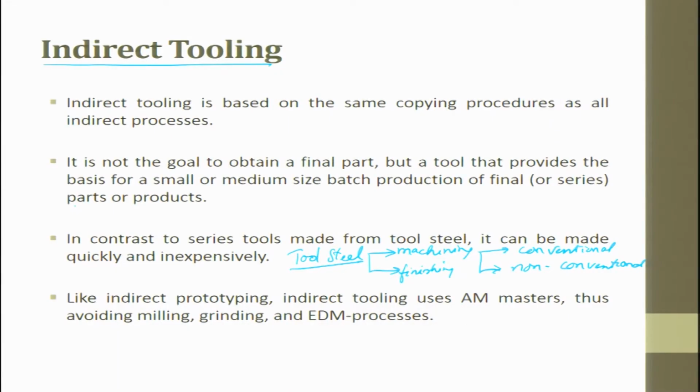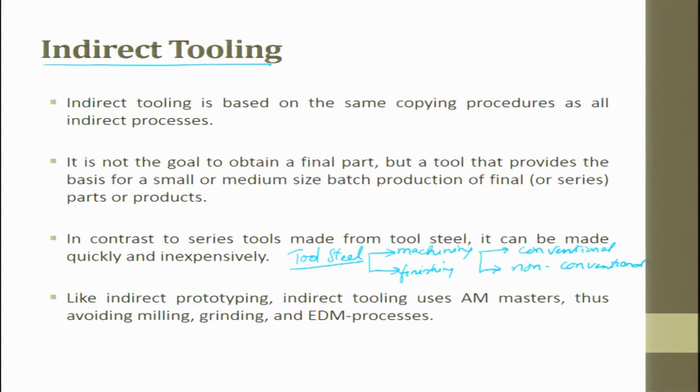The finishing of late has also been improved. The biggest challenge even in rapid manufacturing or rapid prototyping is finishing. People are trying to get out of this problem, but compared to tool steel going through the conventional route, if we get it done by the additive manufacturing route, it is made very quickly and inexpensively.